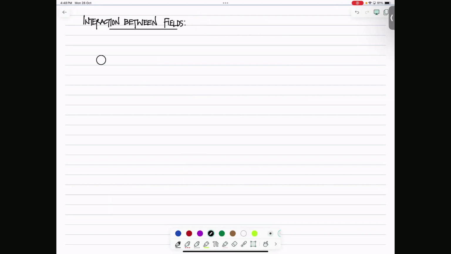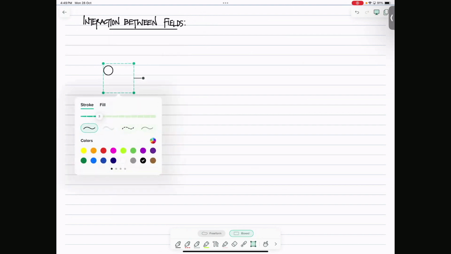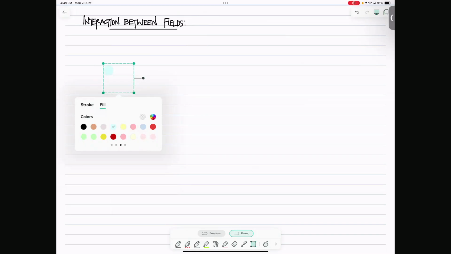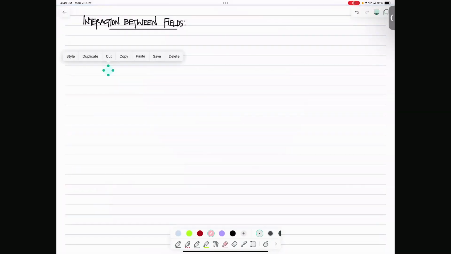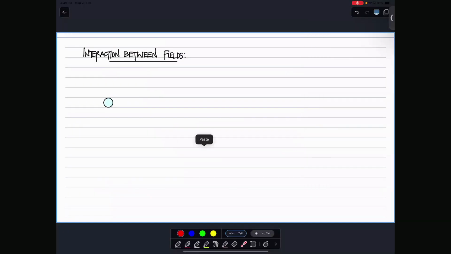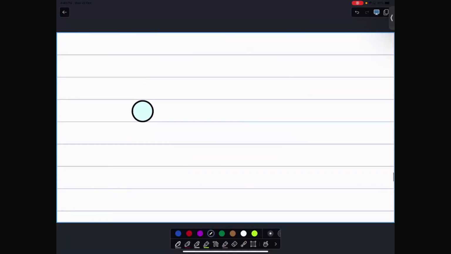You have done something like this already. I just want to give you a reminder that it's possible in this chapter as well. So you have this charge here, a positively charged one. Right, so a positive charge here, and there's another positive charge on the other side.